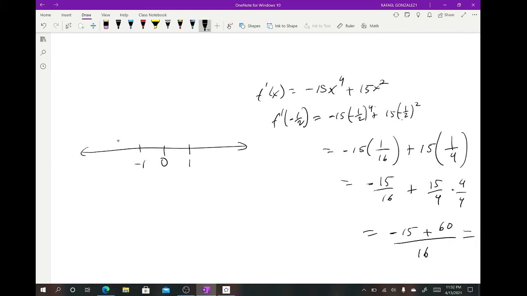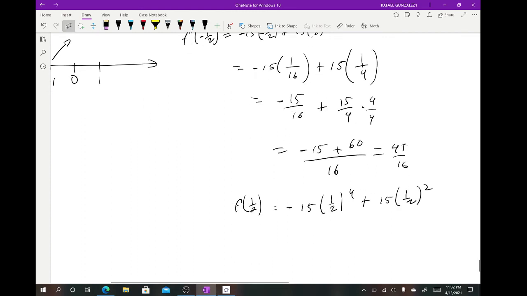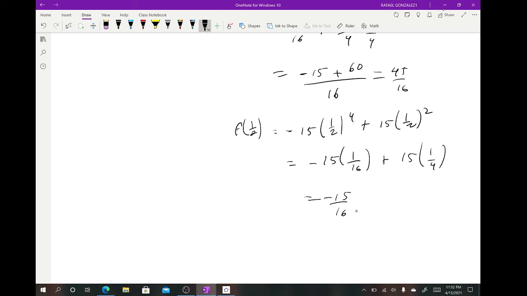So that means that we are going up from the left side of 0. On the right side of 0, we could pick a half. But notice that we're going to get the exact same solution, because it's -15 times 1/2 to the 4th plus 15 times 1/2 squared, which is -15/16 plus 15/4, the same thing as before, 45/16.